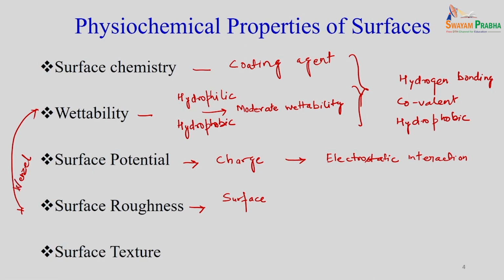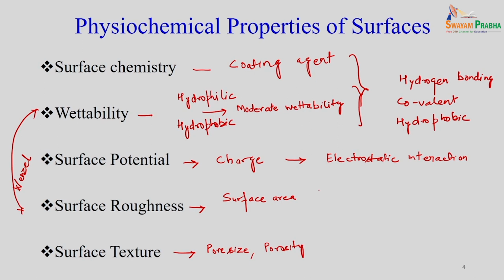So, basically if you are increasing the surface roughness, means you are increasing the surface area of contact, and that surface area is going to regulate the interfacial interactions. Also, apart from surface roughness, the surface texture may include the pore size. Sometimes it may say what is the porosity of the coating.